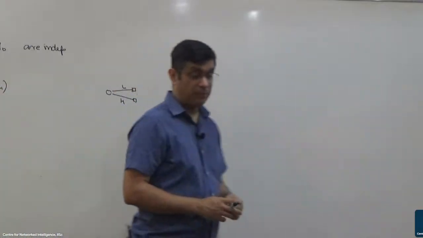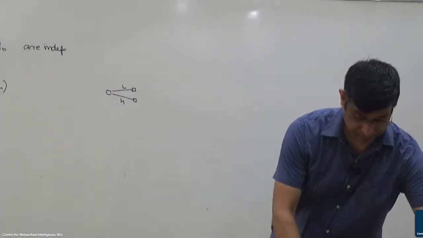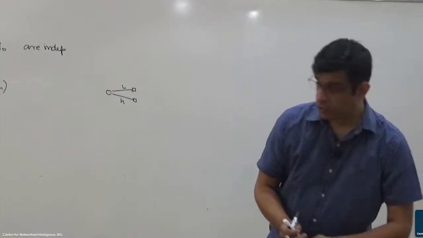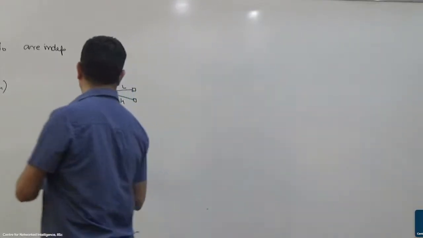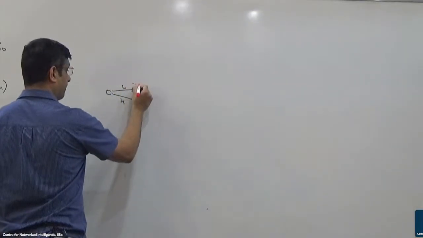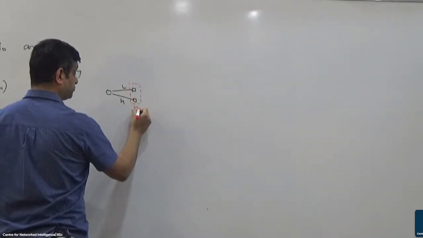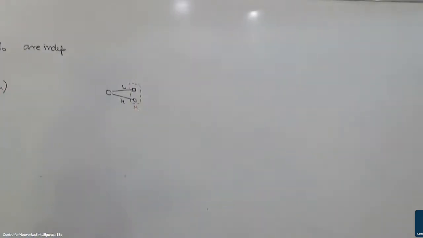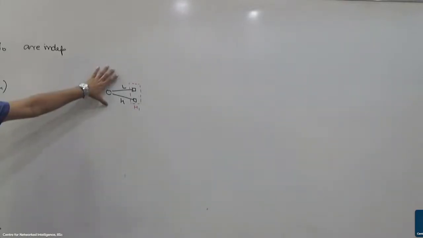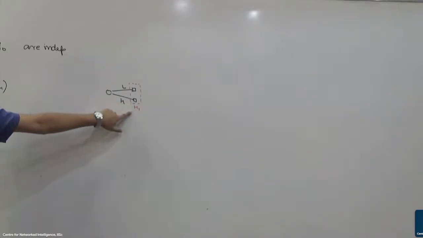So, I am going to capture that by drawing what's called an information set. Okay. And this really is the history at time 1, because something has happened in nature. Nature has realized whether the demand is going to be low or high, but the decision maker does not know.